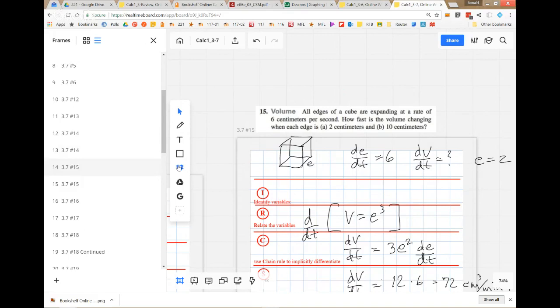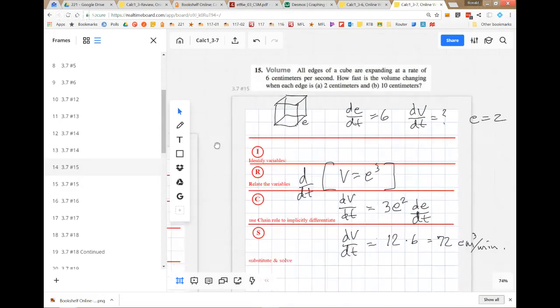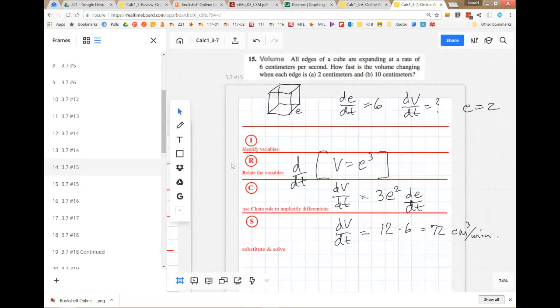So now we do the implicit differentiation, just differentiate, and what are we going to do it with? With respect to time. Almost always, that's the way implicit differentiation problems have to be done. So the derivative of that with respect to time. On the left, dV/dt.